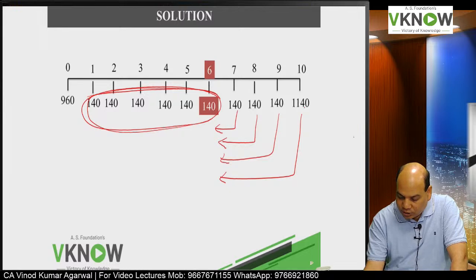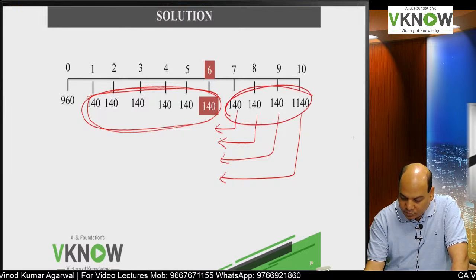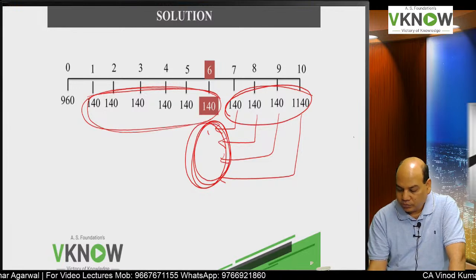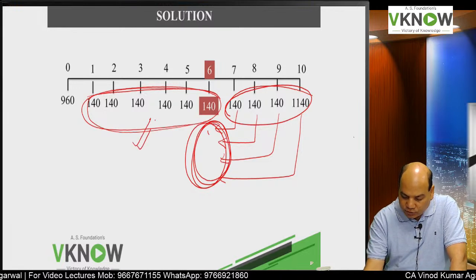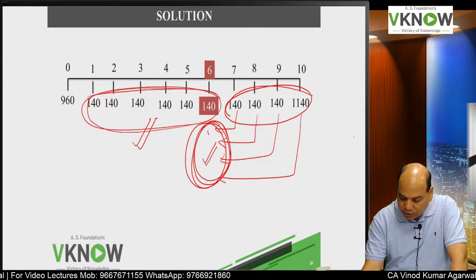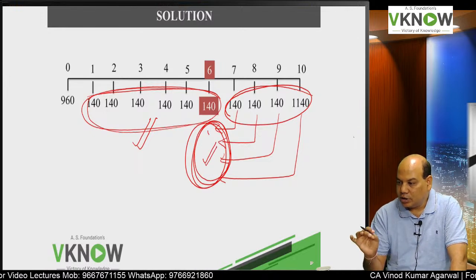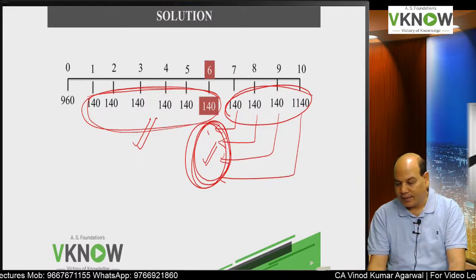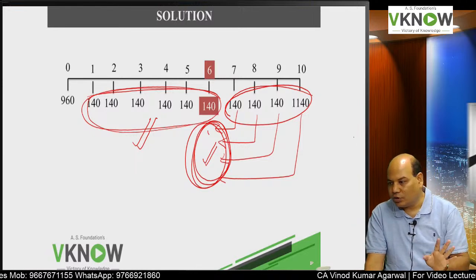Second, I have to calculate at what price the bond will trade at the end of year 6. The total of the future value of coupon plus the value of the bond at the end of 6th year will give you the terminal value, and then we'll calculate the realized yield to maturity.